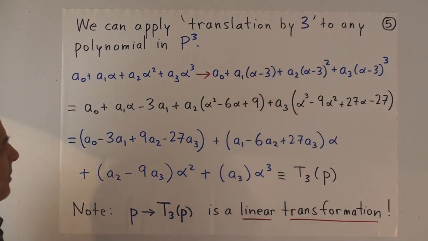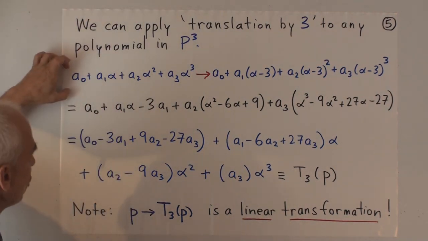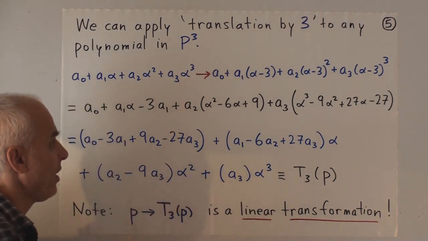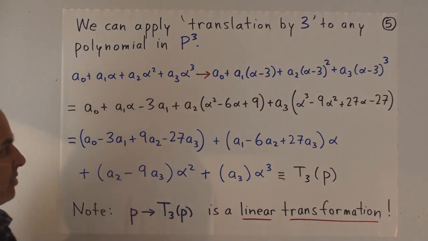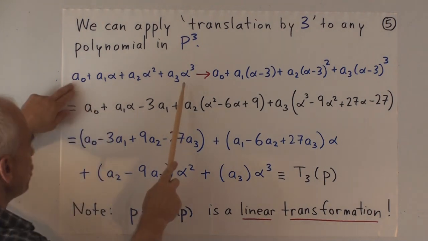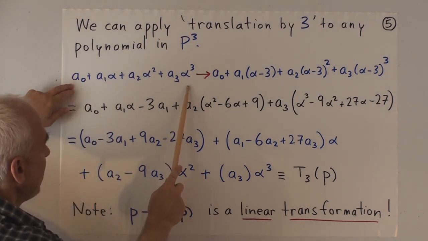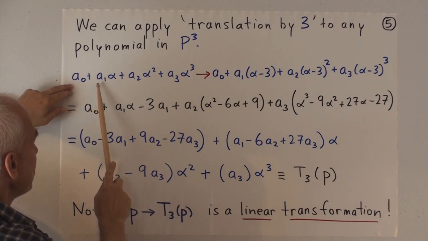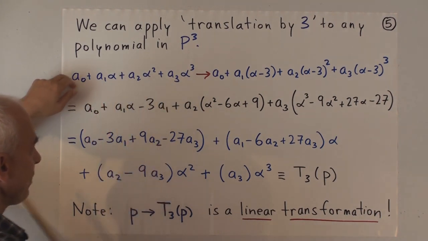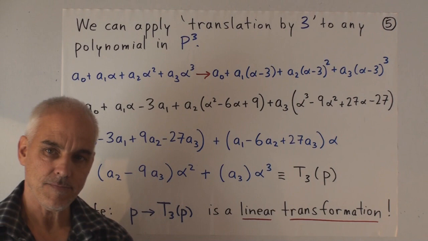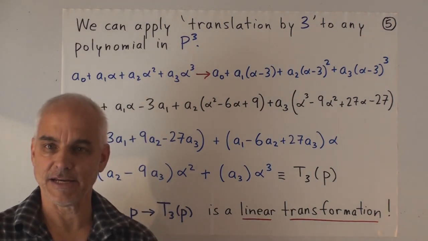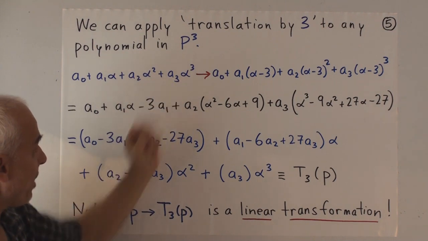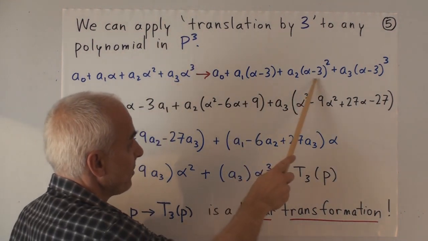So to try to understand that, let's look specifically at what happens to a general polynomial under that operation. So we start with a general polynomial in P3, a polynomial of degree 3 with arbitrary coefficients a0, a1, a2, and a3. What happens when we translate it by 3? Well, we replace each of these alphas by alpha minus 3.